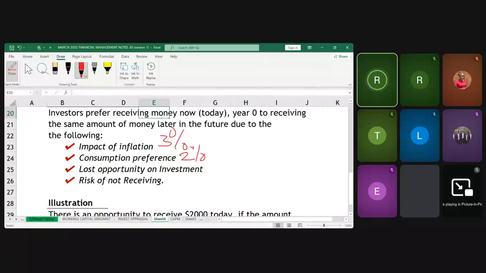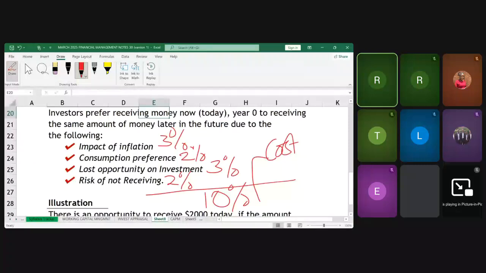Lost opportunity on investment, probably another 3%. Risk of not receiving, I'm going to charge 2%. If I aggregate these percentages, I get 6, 8, 10. So I get 10%. This 10% now becomes the cost of the person getting my money.